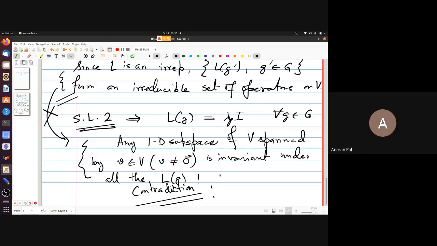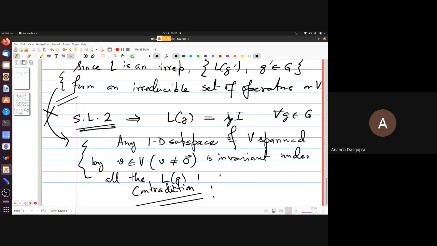Yes? No? Yes. If there is a no, please tell me. And since this is a contradiction, contradiction with what? We started out by the assumption that capital G has an irreducible representation on a vector space of dimensionality more than 1. Right?